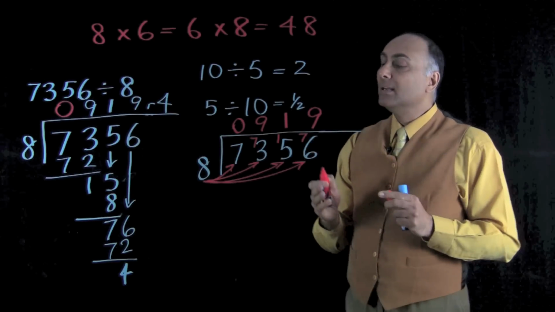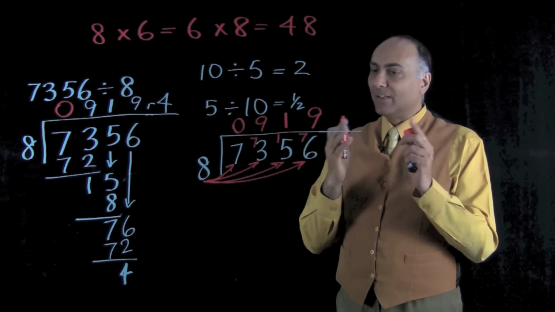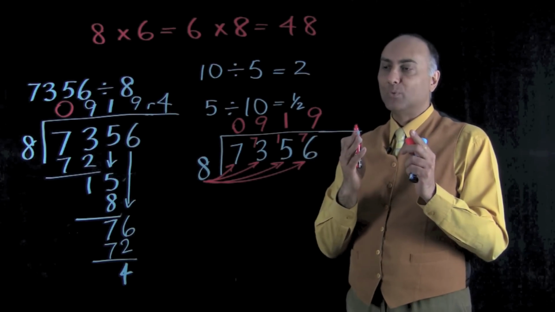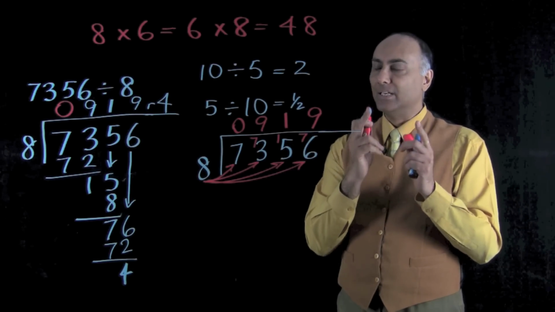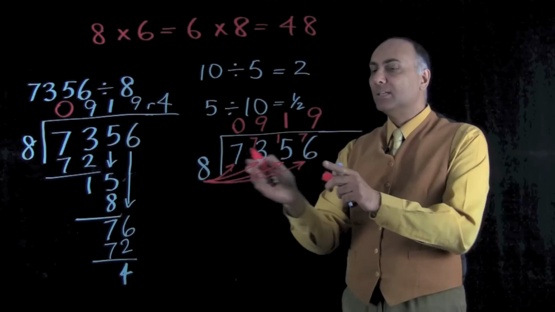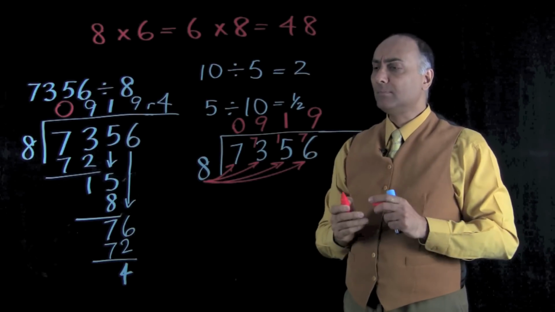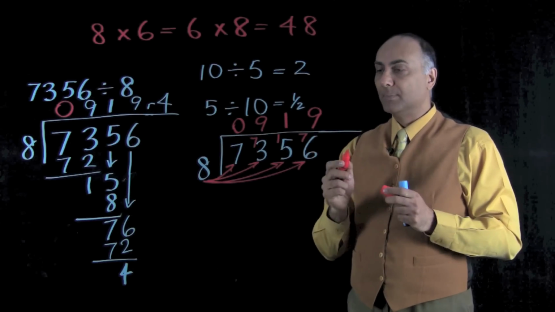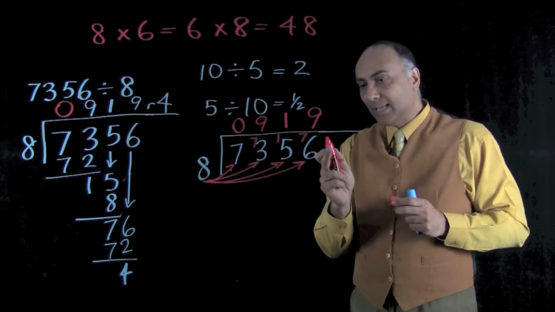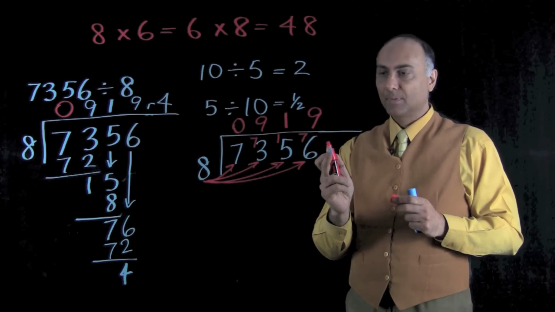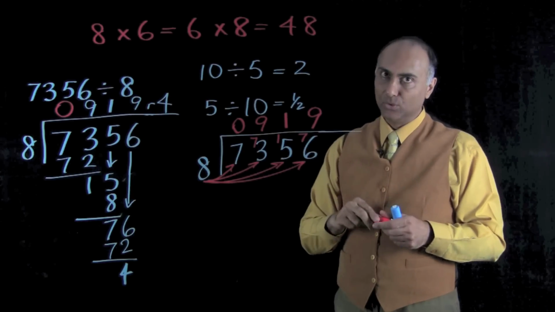Well, let's do that. The remainder was 4. And as I've said a couple of times already, the remainder always goes in front of the next digit. Well, it appears we've run out of digits. That's not difficult to overcome, because there's an empty column after the 6. An empty column means it's a naught.